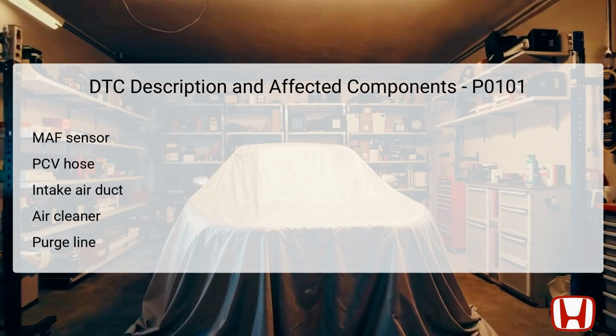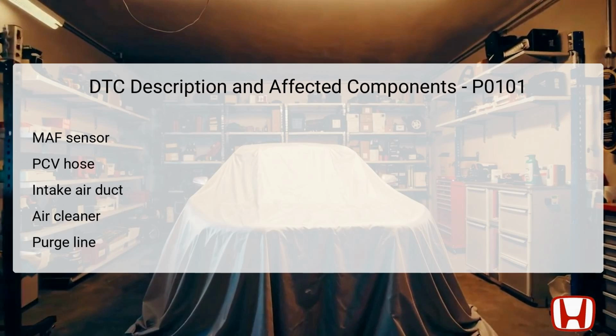The PCV hose connects the engine's crankcase to the intake manifold, ensuring proper ventilation and emissions control. The intake air duct directs filtered air from the air cleaner to the engine, and it must be intact to allow appropriate airflow. The air cleaner stores and filters air before it enters the engine, while the purge line allows for the vapor recovery from the fuel tank to the intake manifold.